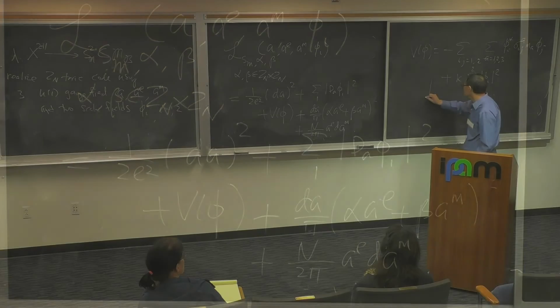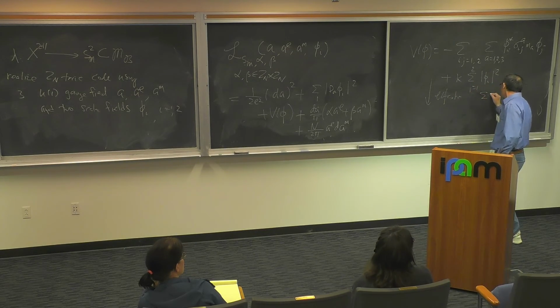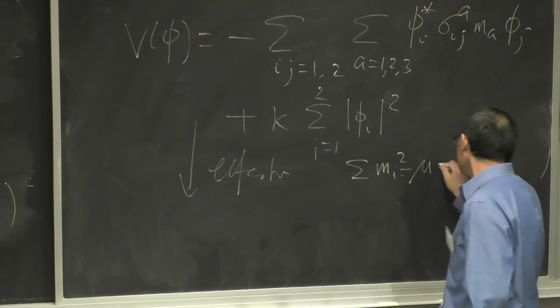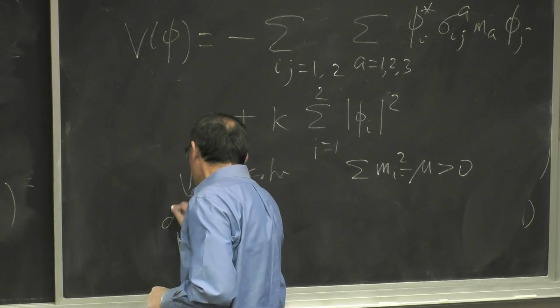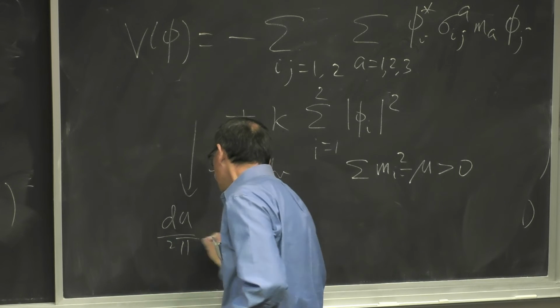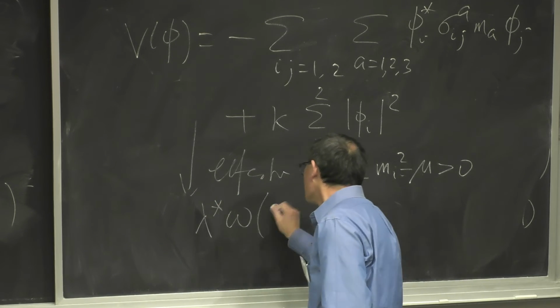So the effective theory, when some m_i squared equals some non-positive number, becomes dA/2pi, lambda star omega.